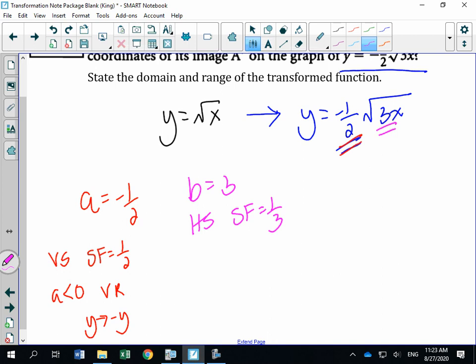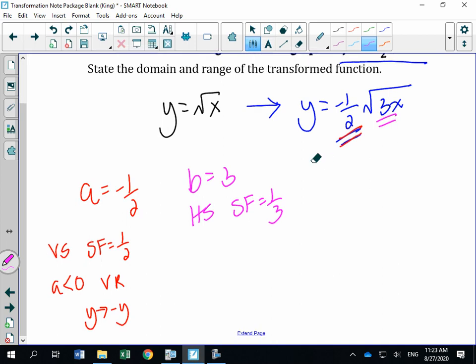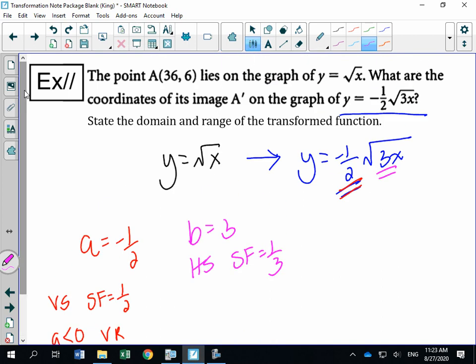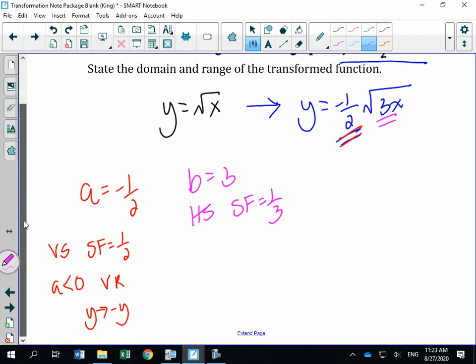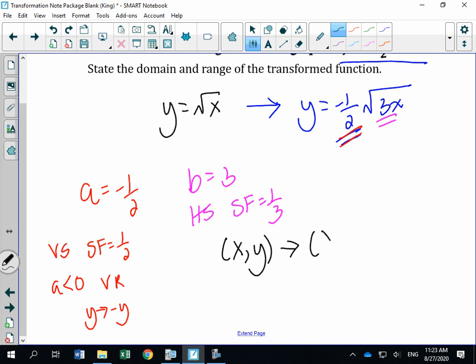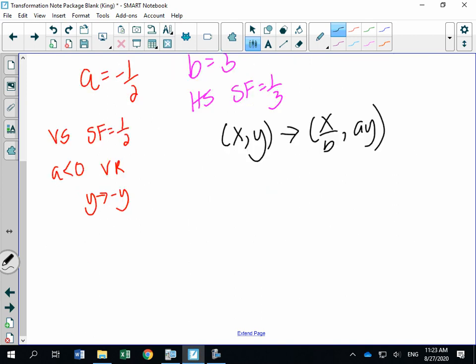Okay? So they want us to basically map. They give us a point. Before I do that though, I'll do the mapping. X, y goes to x over b, a times y.